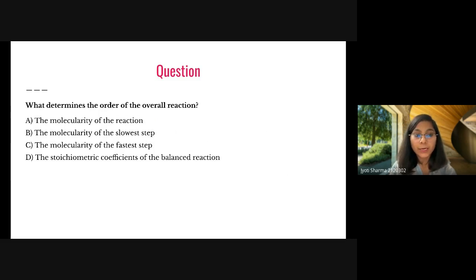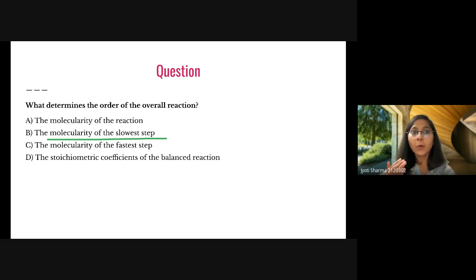The answer is B, that is the molecularity of the slowest step. Let me explain this. For example, you have one reaction, and that reaction is being completed in four steps, and three steps are very fast, but one step is very slow.